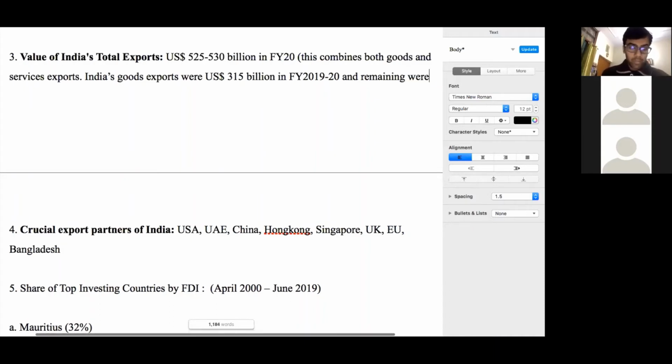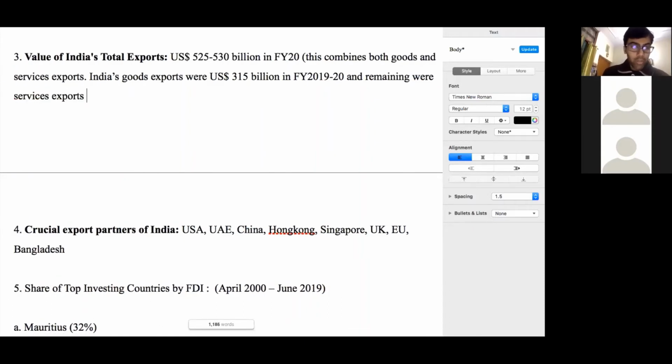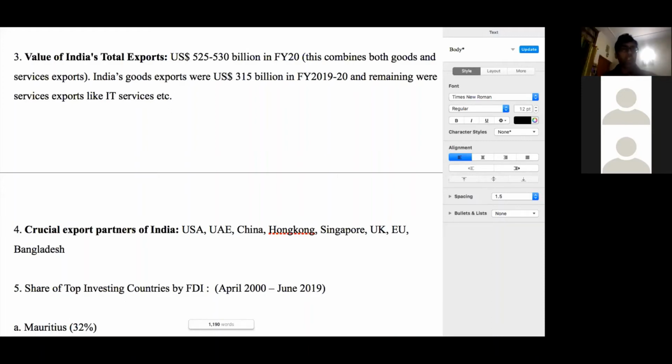The rest were services exports like IT services, etc. So India's total exports, which combines both goods as well as services exports, were US$525 to 530 billion in FY20, out of which India's goods exports were roughly around 315 billion, and the remaining were services exports like IT services, etc.